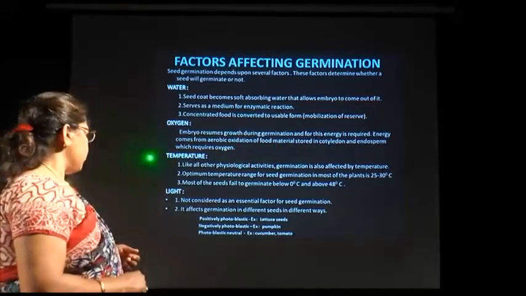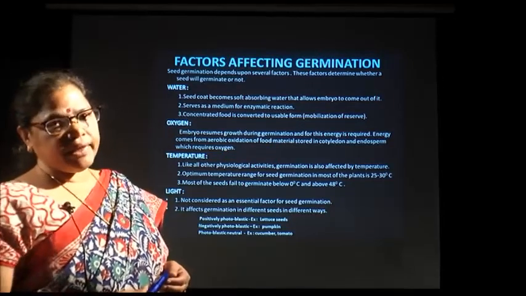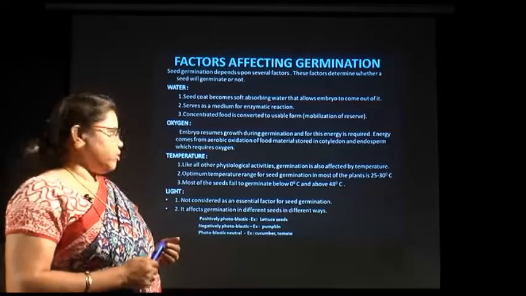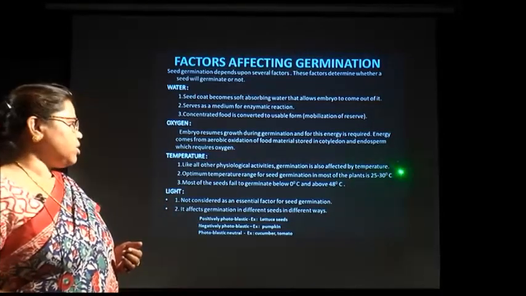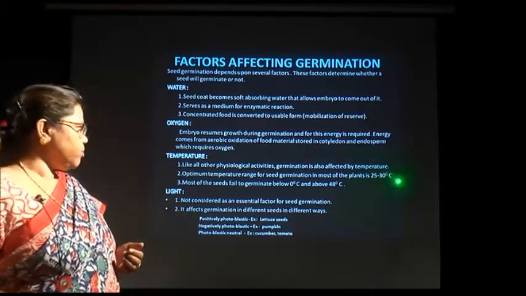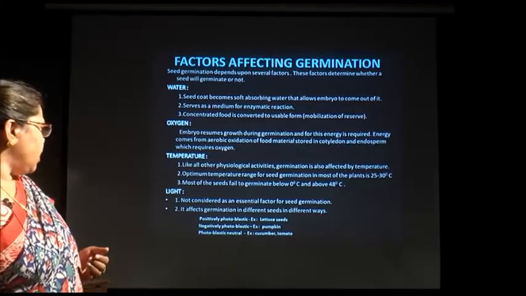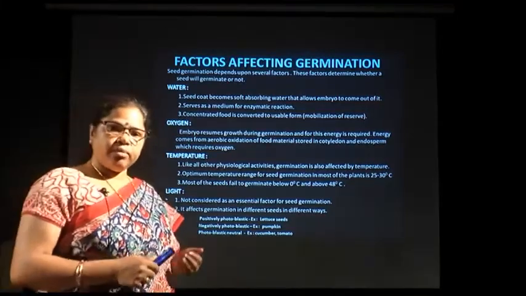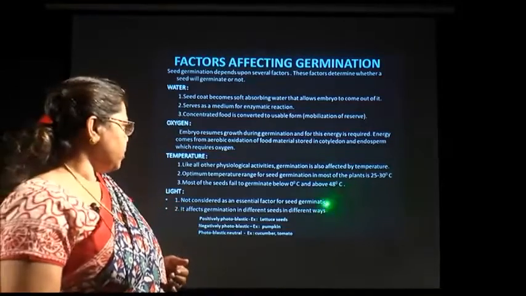Then the temperature. You know, all these physiological activities are affected by temperature, and also seed germination. The optimum temperature range for seed germination is 25 to 30 degrees centigrade. Within this range of temperature suitable germination occurs, and most of the seeds fail to germinate below 0 degree centigrade and above 48 degree centigrade.